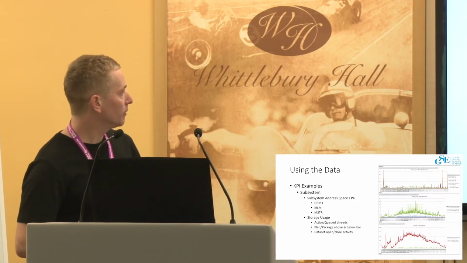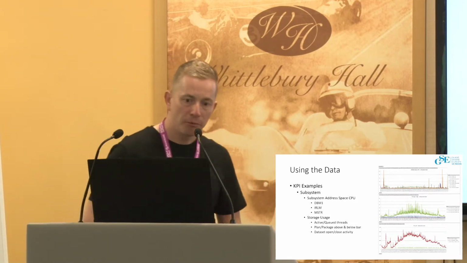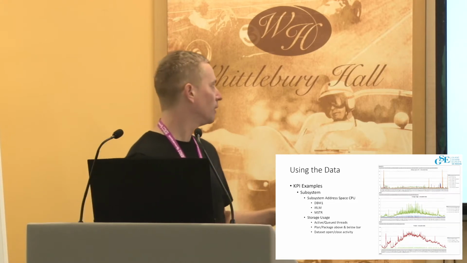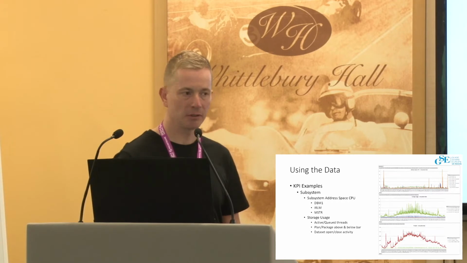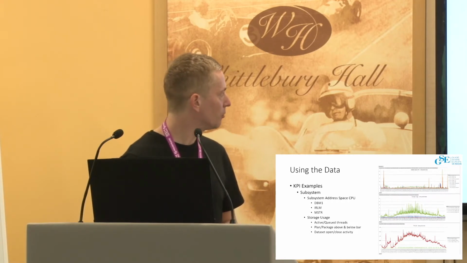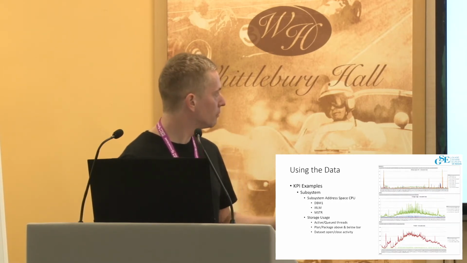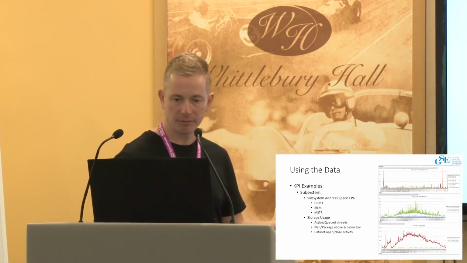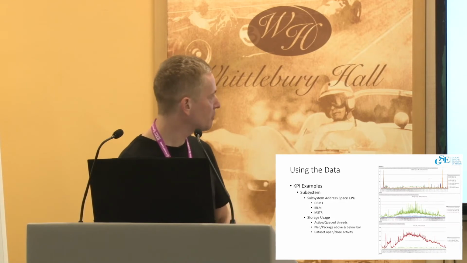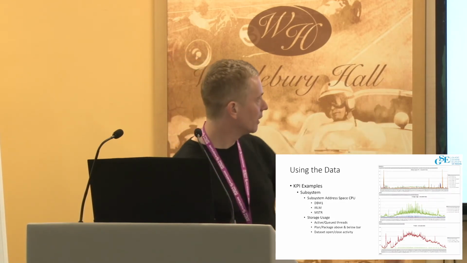So, just been looking at problem resolution, where you know you've got a problem. Use the data, create key performance indicators for your shop. There are any number of ones you can choose. For us, you can look at your subsystem address space CPU, example up there.